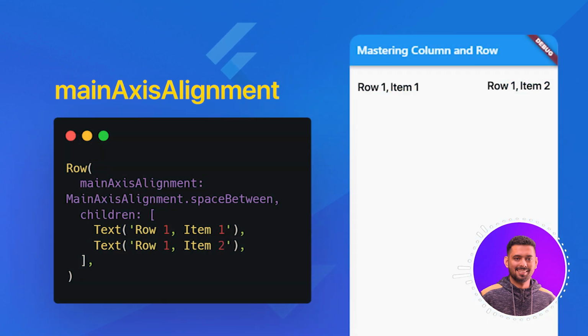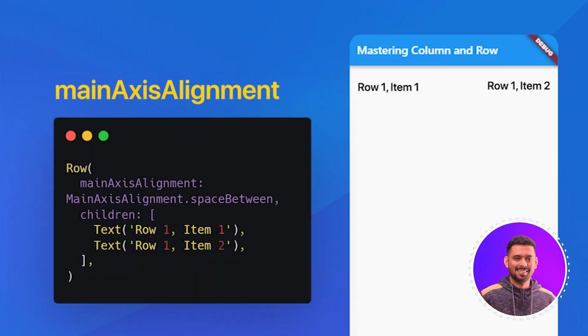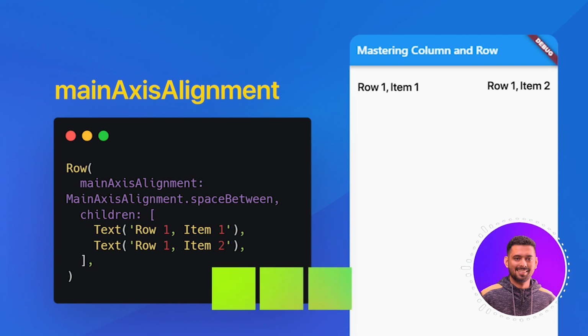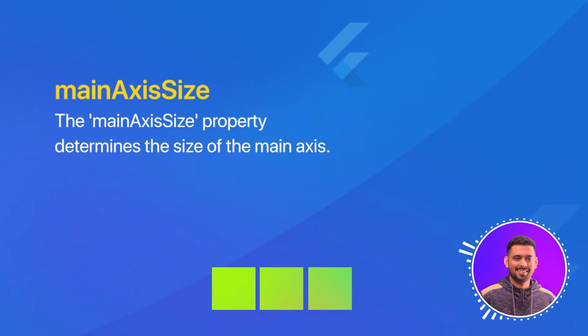In this example, we have set the main axis alignment property of a row widget to MainAxisAlignment.spaceBetween, which distributes its children evenly along the main axis with equal space between them. Main axis size. The main axis size property determines the size of the main axis.